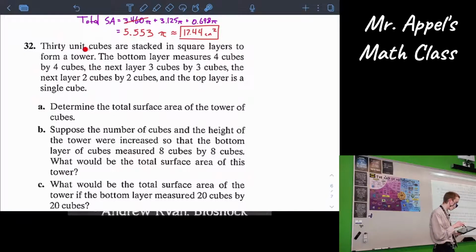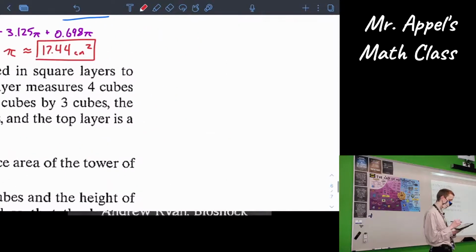This one involves stacking cubes on top of each other. So we've got 30 unit cubes stacked in square layers to form a tower. Oh, I've done that with blocks before. Bottom layer measures 4 cubes by 4 cubes. Next layer, 3 cubes by 3 cubes. Oh, shoot, okay. I'm already going to start drawing a picture.